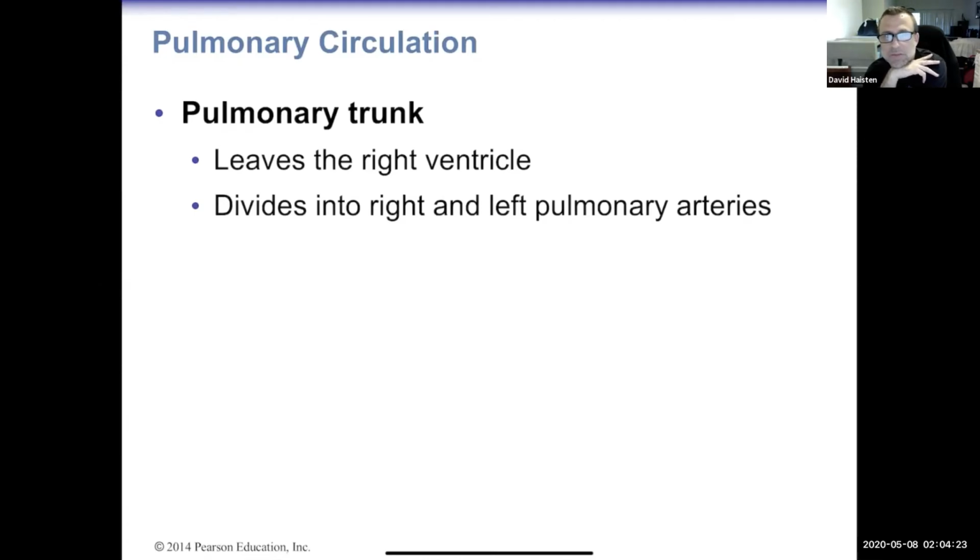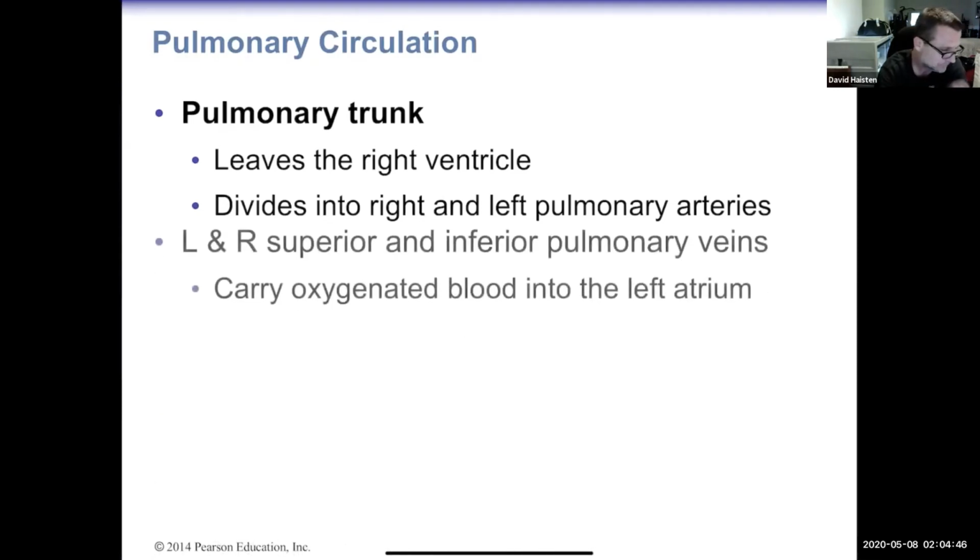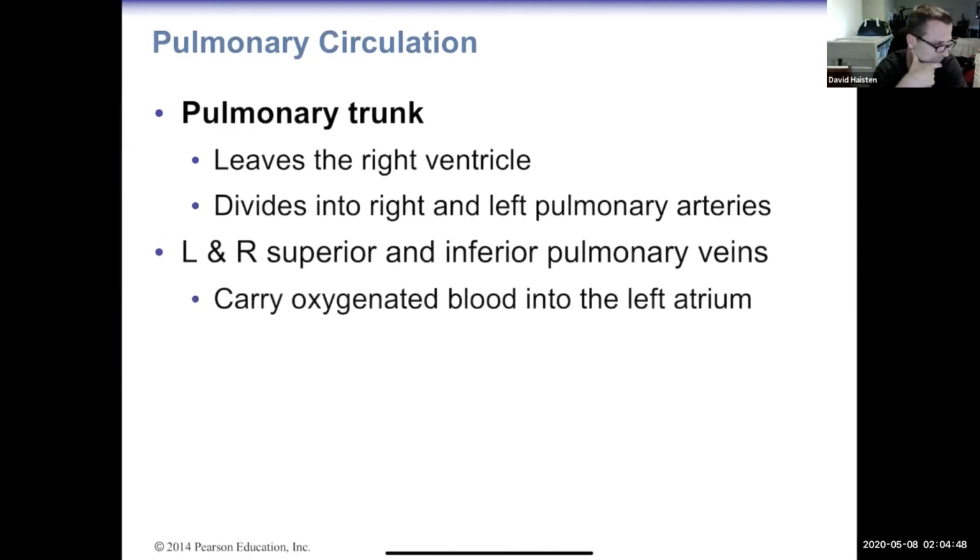But let's think about this. Pulmonary trunk, right and left pulmonary arteries, into pulmonary arterioles, to pulmonary capillary beds, are going to return in pulmonary venules, finally the pulmonary veins. Right and left superior and inferior pulmonary veins, into the left atrium. Okay, left and right superior and inferior pulmonary veins carry oxygenated blood in the left atrium.